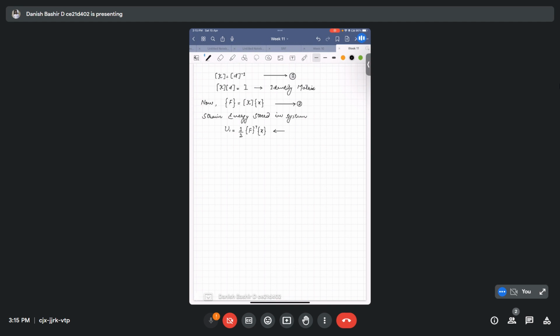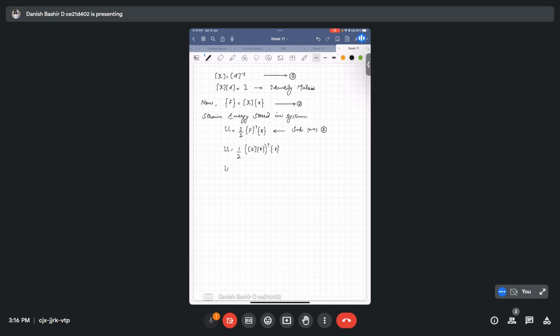I will substitute equation two here. When I substitute, I get U1 as one half of (Kx) whole transpose times x.